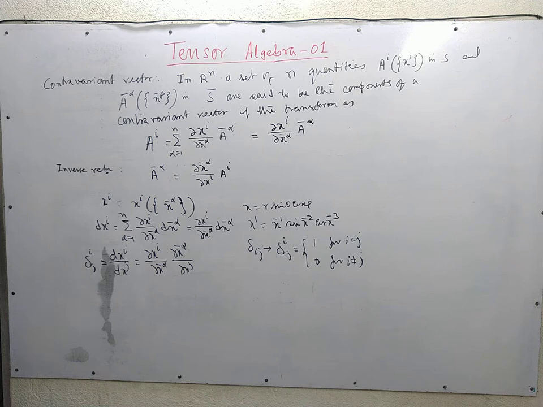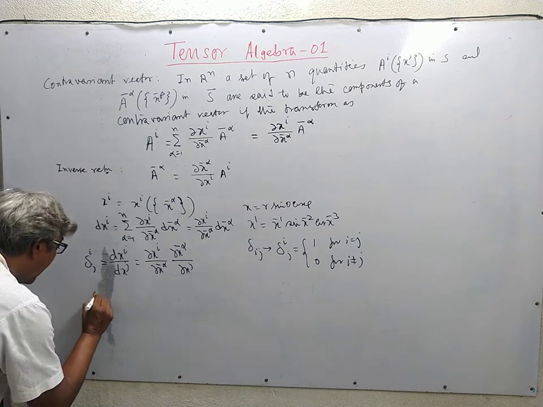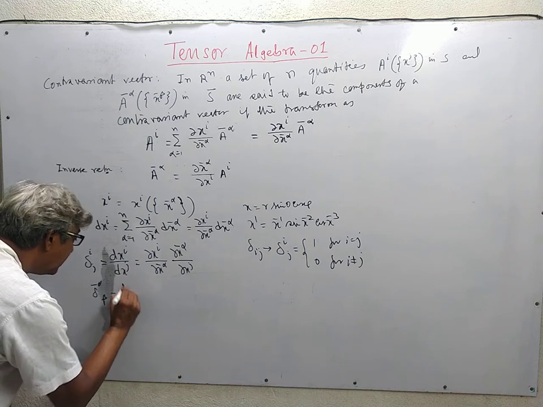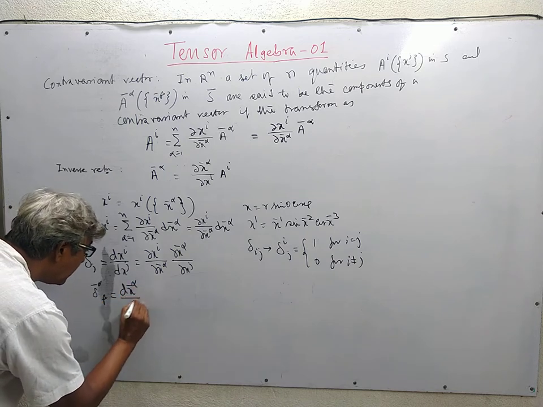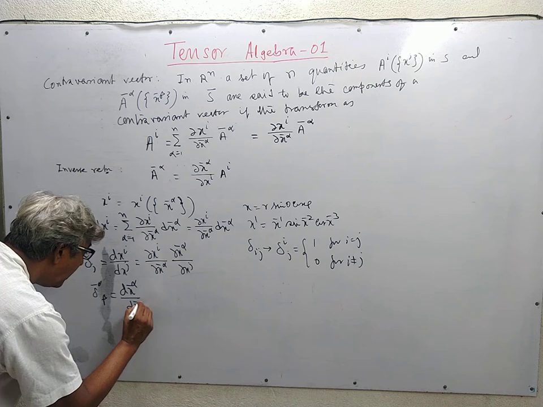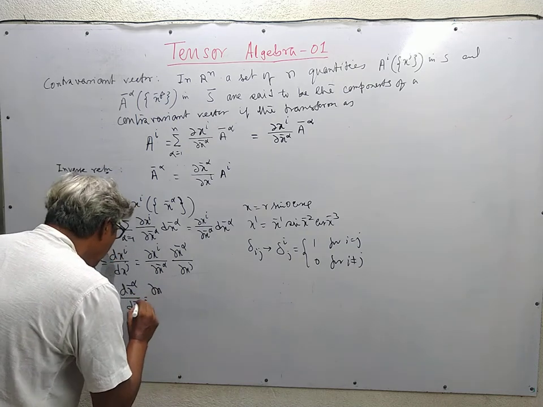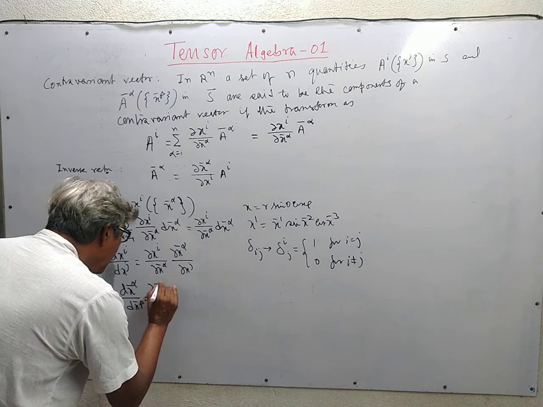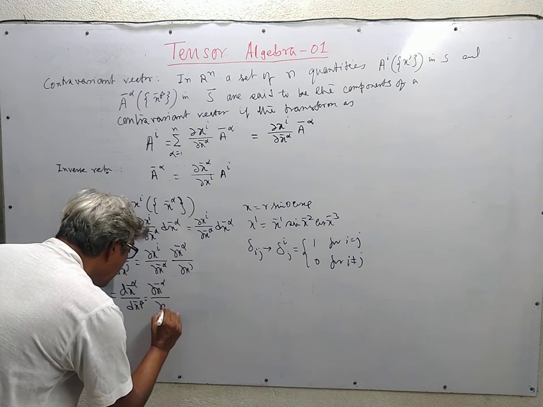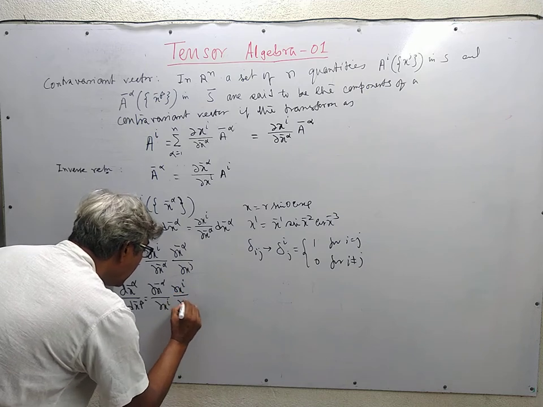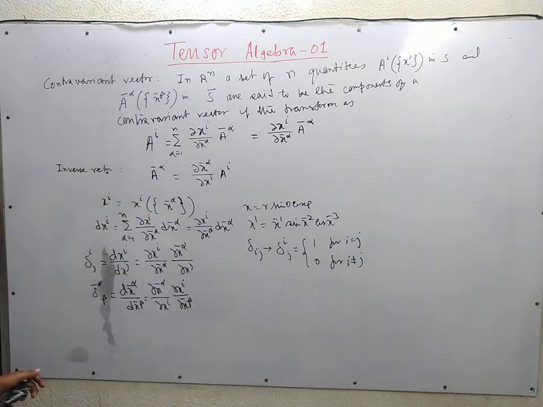And in the barred system, we write it as delta bar alpha beta. These are the definitions of Kronecker delta.